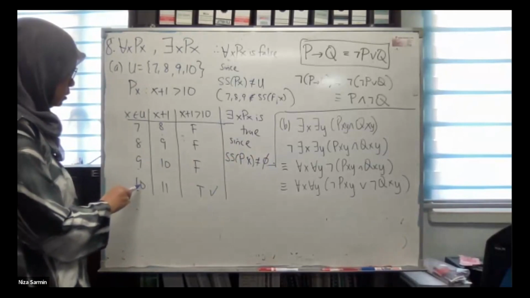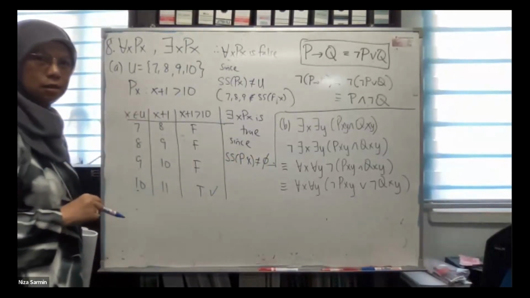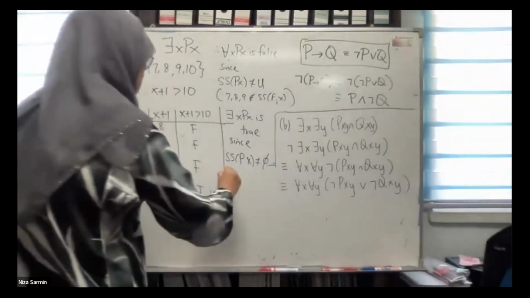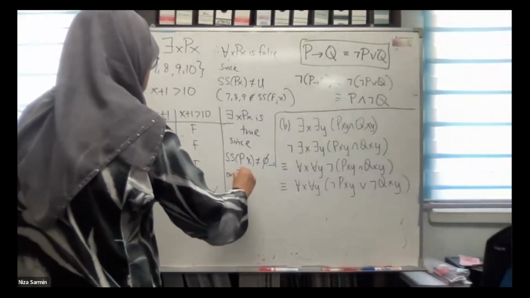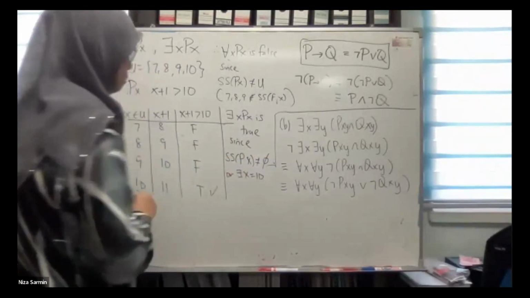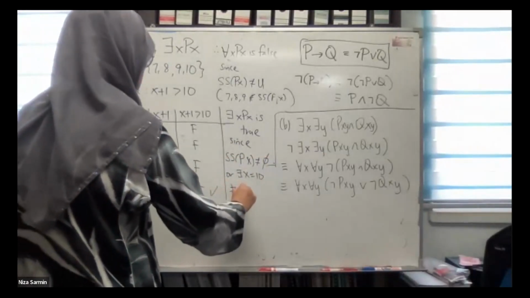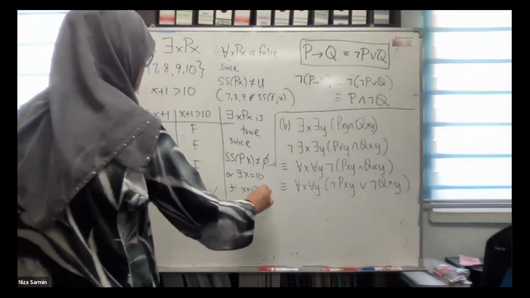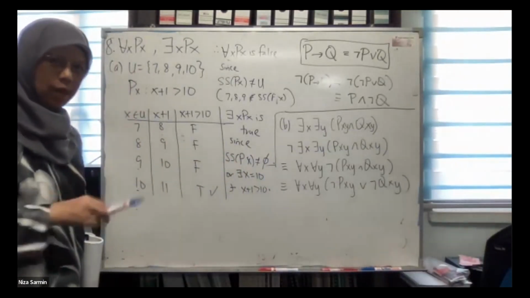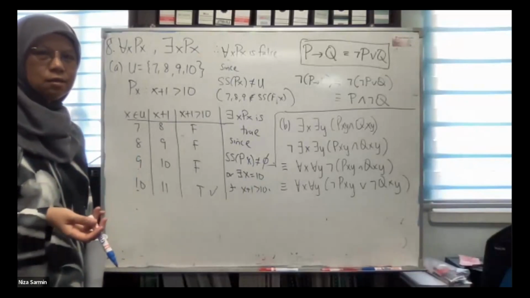Because when X is 10, 10 plus 1 is bigger than 10. So there exists X. Okay. Or there exists X equal 10 such that X plus 1 bigger than 10. So your reasoning can be any true, correct reason.